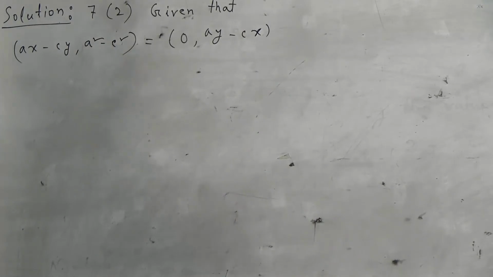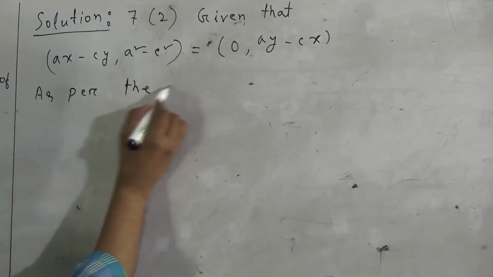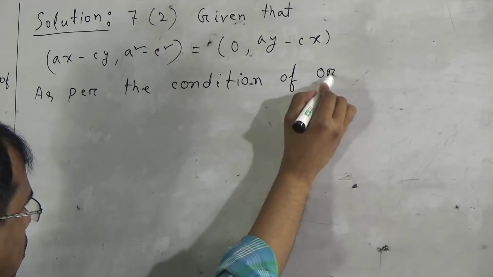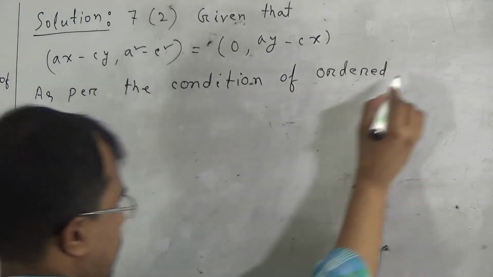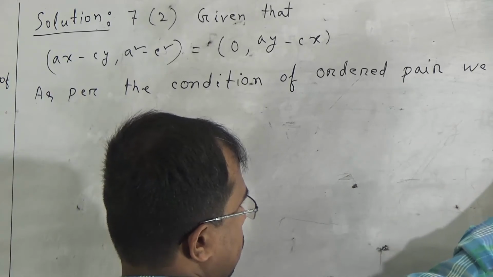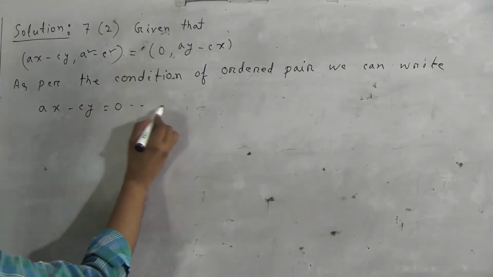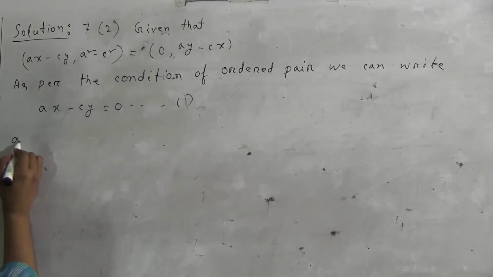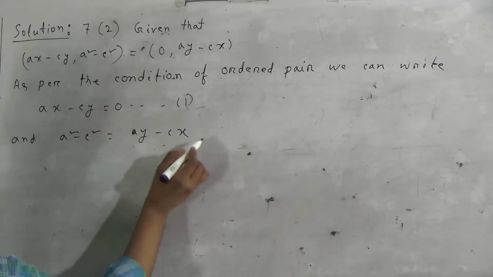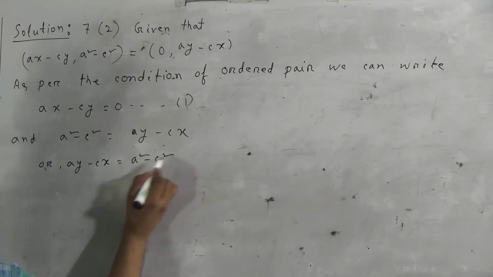As per the condition of ordered pair, we can write ax minus cy equal to 0, we will consider it as equation number 1, and a square minus c square is equal to ay minus cx, or ay minus cx equal to a square minus c square.